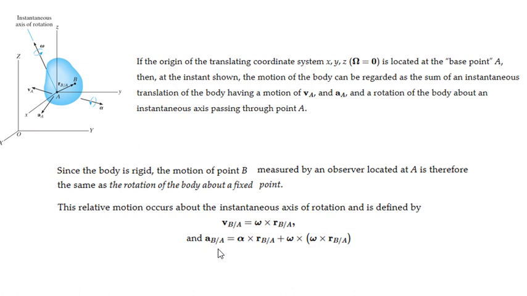The regular acceleration at point B can be calculated by using the regular acceleration at point A, because the reference point, your base point, is A in this case. We're going to use the angular acceleration and then the distance between the two points, A and B. One is the origin and the other one is the point on the body.